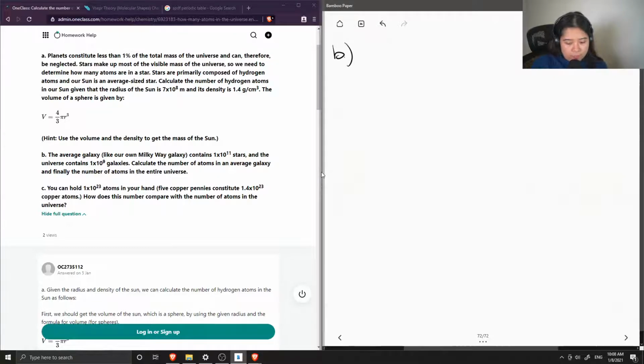And first we need to find the number of hydrogen atoms per galaxy.